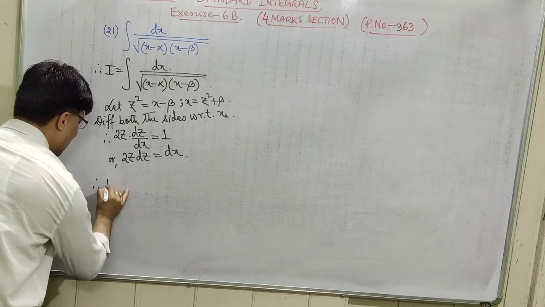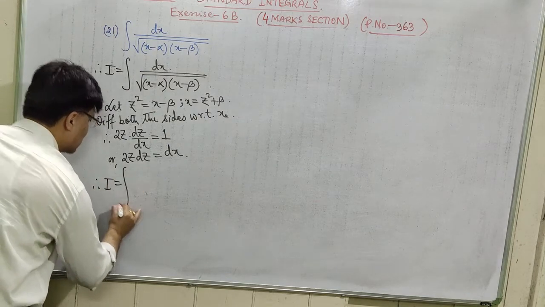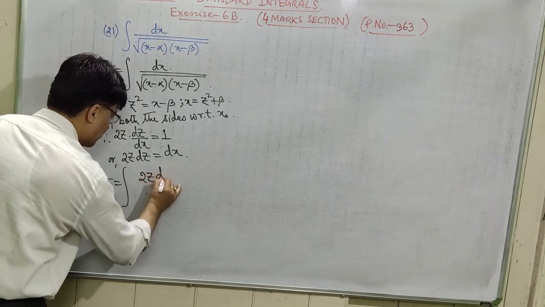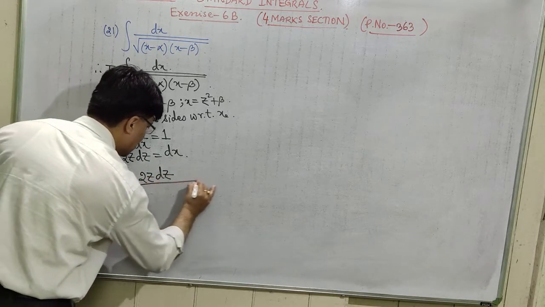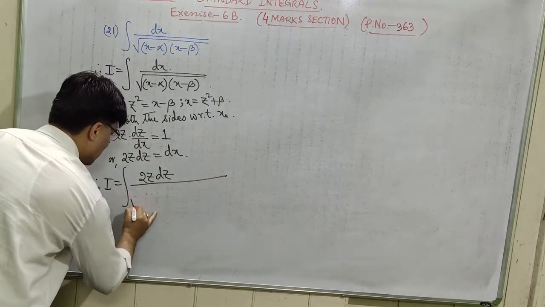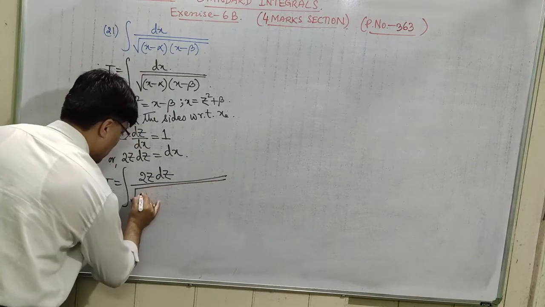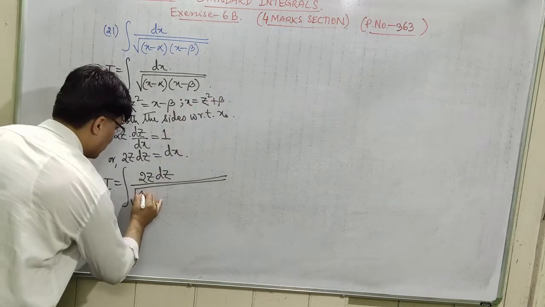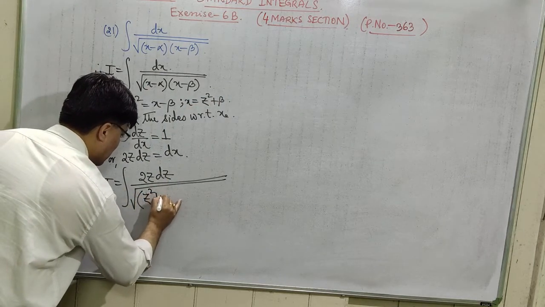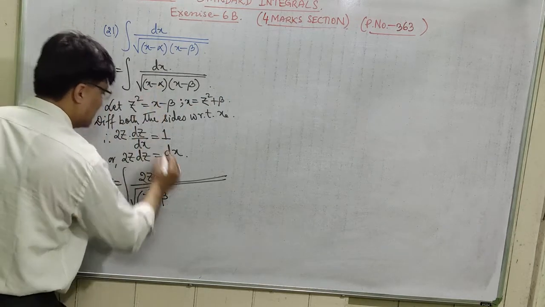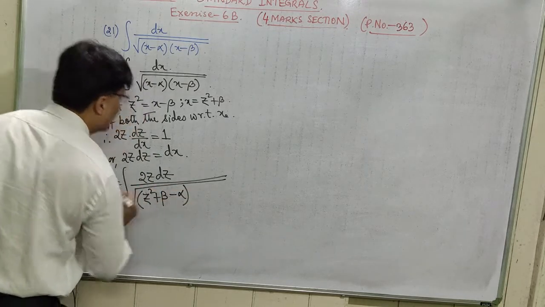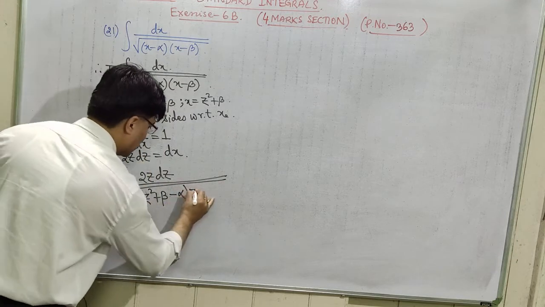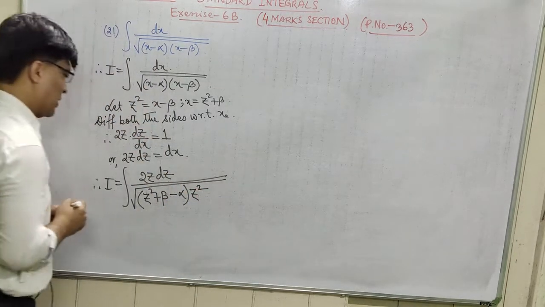So therefore, I is equal to integration of 2z dz divided by within square root, in the first factor z square plus beta, then minus alpha, bracket closed, and x minus beta is z square.